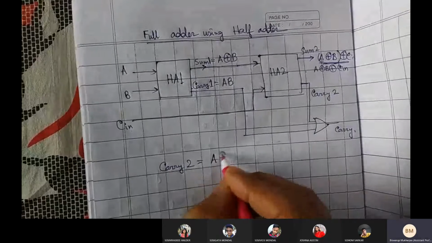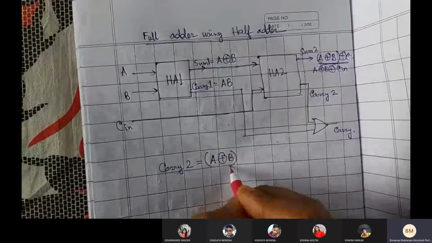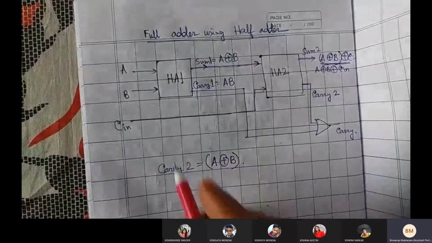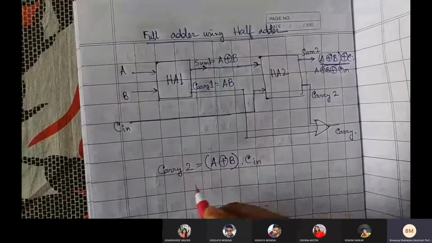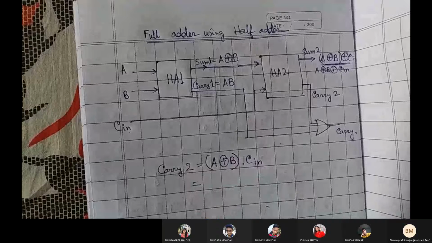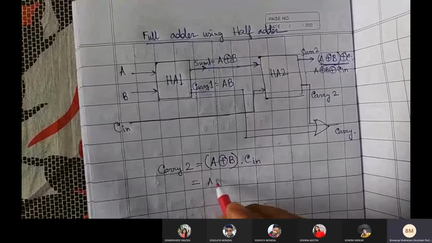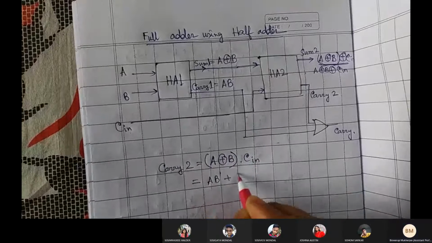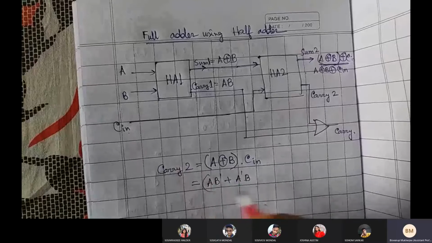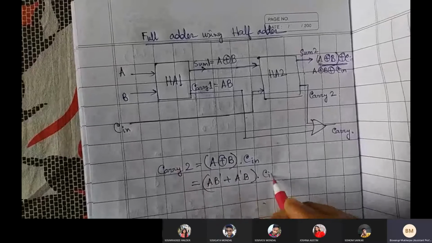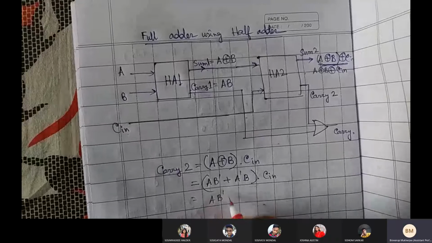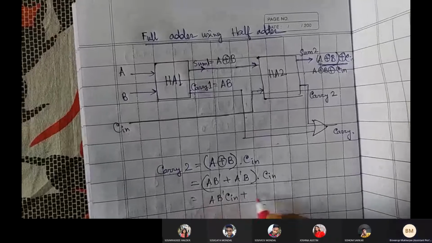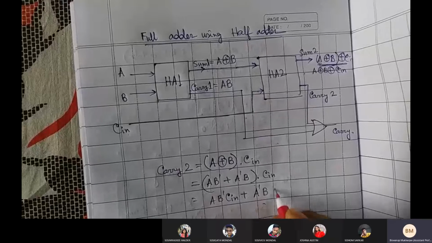Carry 2 is equal to A XOR B, which is the input for this half adder 2, and the second input for this half adder 2 is C in. So that is something like (A B bar plus A bar B) dot C in, which is equal to A B bar C in plus A bar B C in.